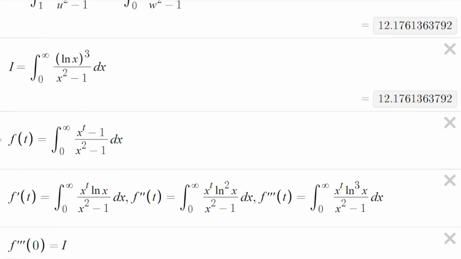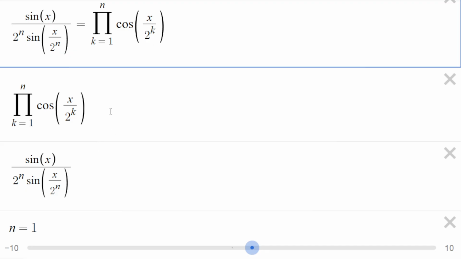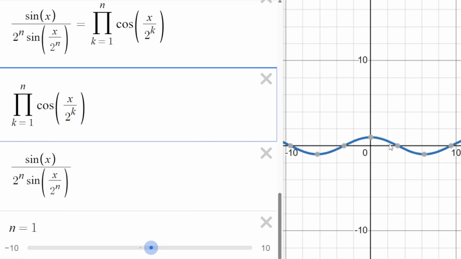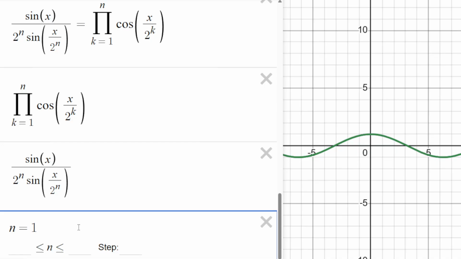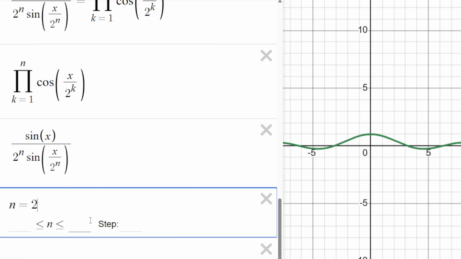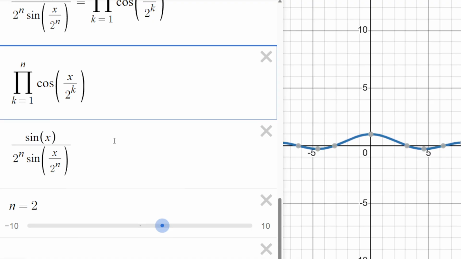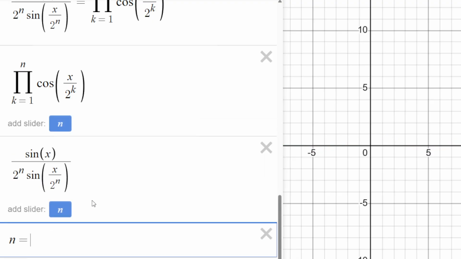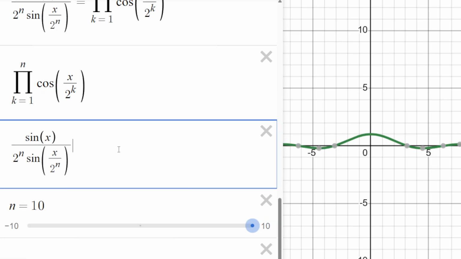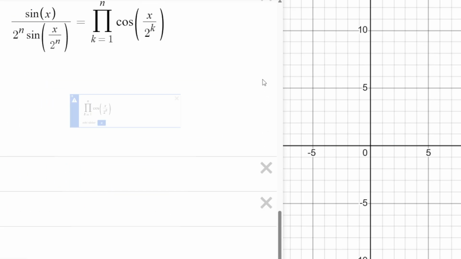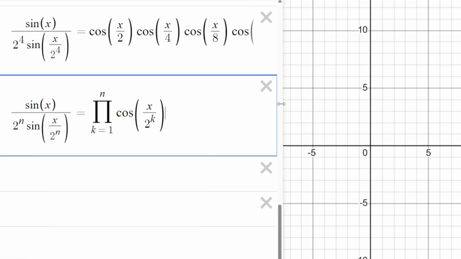Let's get rid of our... Okay, so now it's just these two functions being graphed, and I want to show you that they are in fact the same function, no matter what integer n we pick. So they are the same function. Let's just go ahead and pick 10. All right, so this is, yes, that is the same function. So that is true. This right here is true.